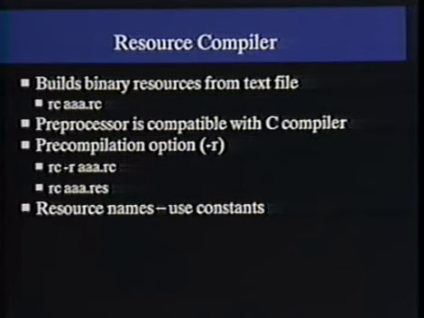All right, and the mechanism for doing that is just called RC. The -R is the one that says just translate the thing into a res file, and without the -R, referencing the res file, it then merges the resources onto the exe file.